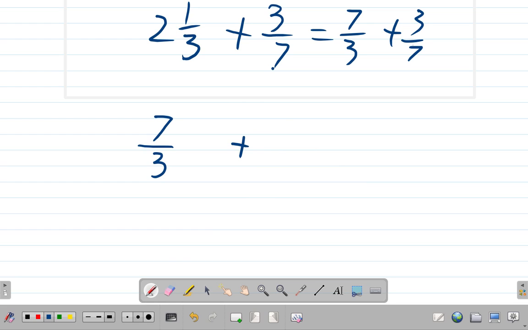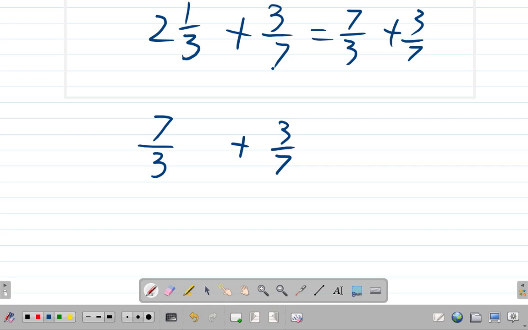Plus 3/7. Now you have 7 of one thing plus 3 of something else. 7 apples plus 3 oranges gives you 10 what? Well, you can't say 10 apples nor 10 oranges. You want to add the same thing.